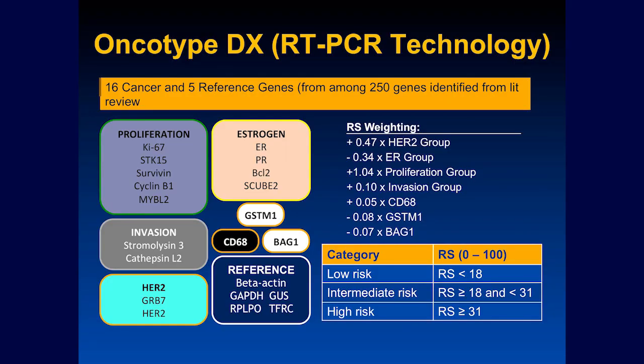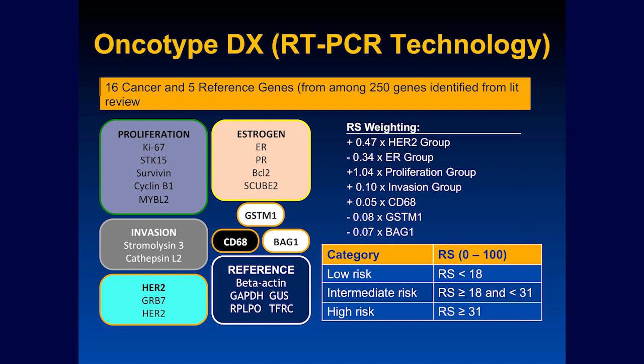And using regression modeling, they were able to categorize the tumors for each patient into low risk, intermediate risk, or high risk based on a score of 0 to 100. So patients who have a recurrence score of less than 18 would be low risk. Anything above 31 will be high risk.